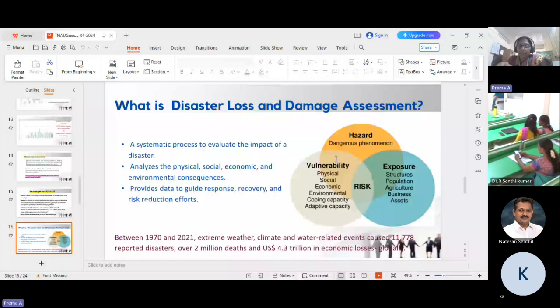There is the hazard, the vulnerability, and the exposure to natural disasters. All this together makes agriculture highly risky, and we have to address all these things. There is also a controversy regarding the name.